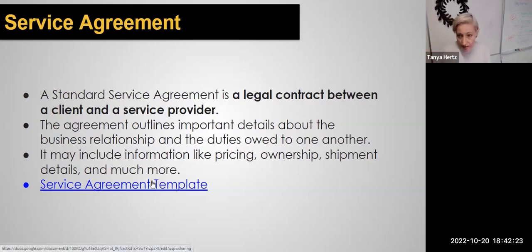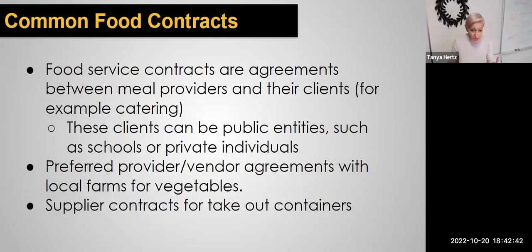It's a template that we use for our preferred vendors at the educational institution at the San Diego Community College District. Service contracts in general are agreements between the person providing the meals or their food and the clients. For example, catering provided to public institutions, schools, private individuals, other organizations.